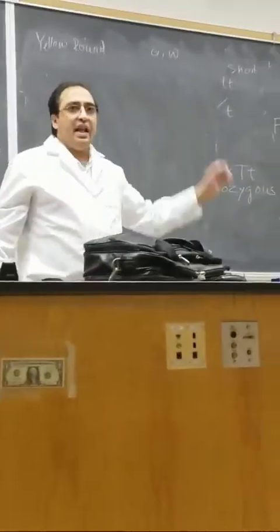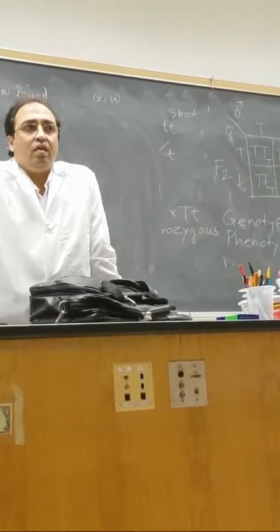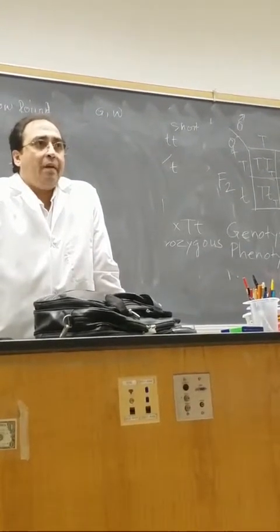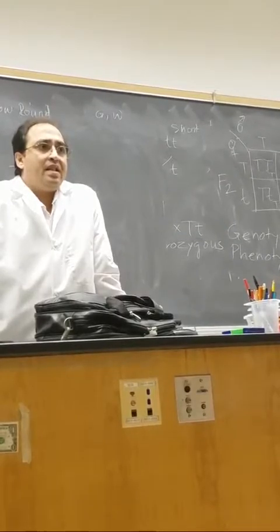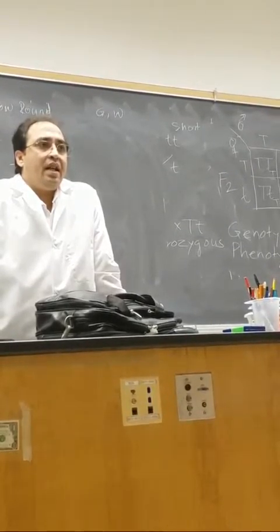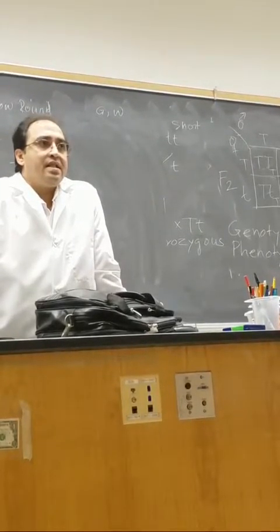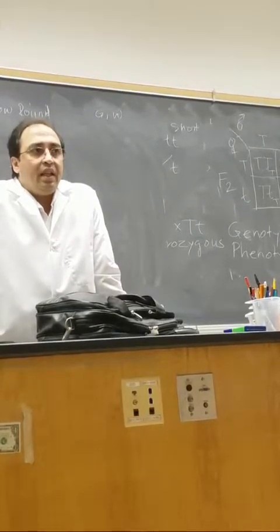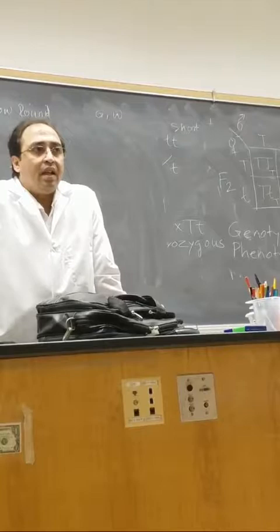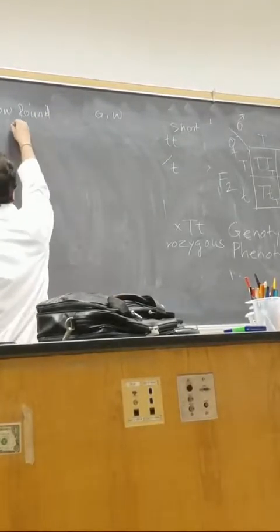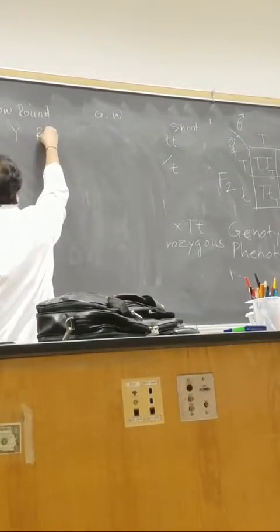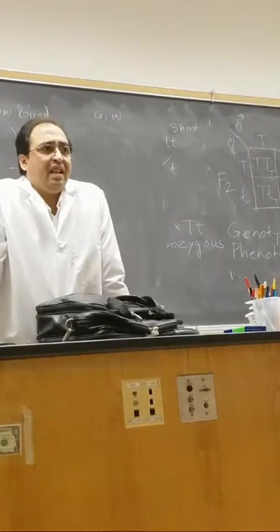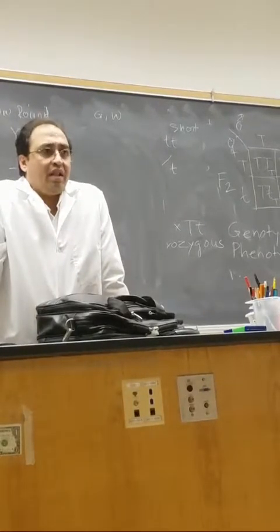Now, if it is yellow round, what should be their genotype? Uppercase Y and uppercase what? For yellow, the uppercase Y, and then you put the uppercase R for the round part, both together.